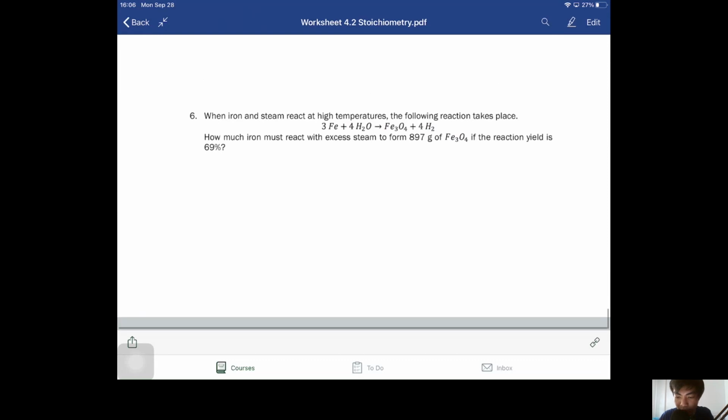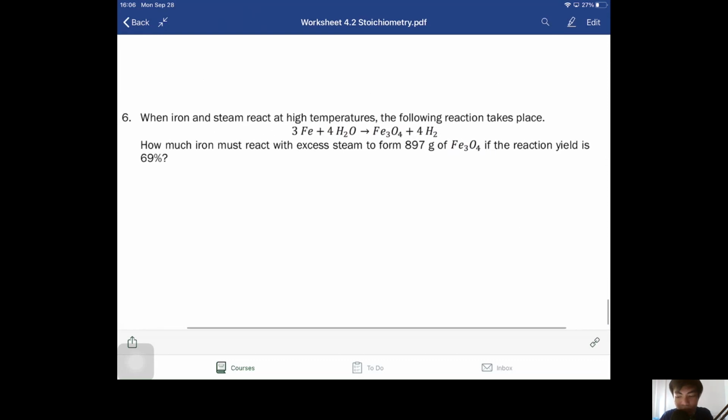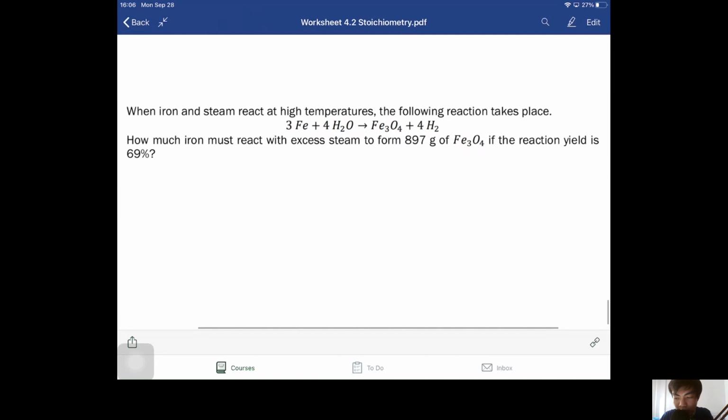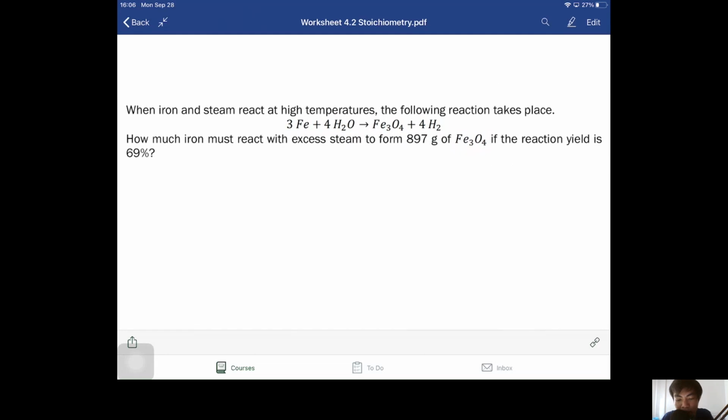It's just repetitive. Now this is one item: when iron and steam react at high temperature, how much iron must react with steam? This is a trick question. You are given the reaction yield, the theoretical yield, and this is the actual yield.